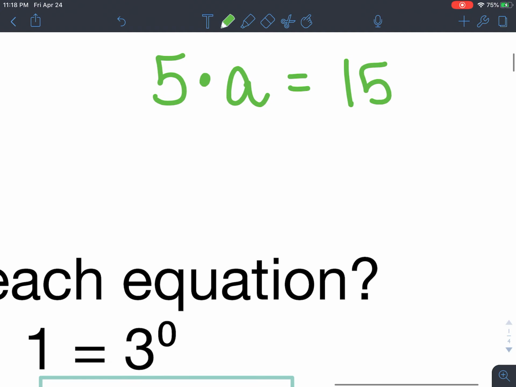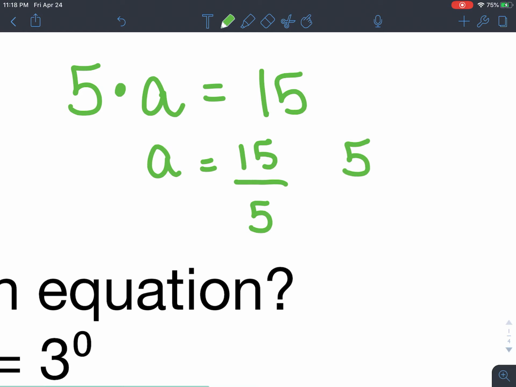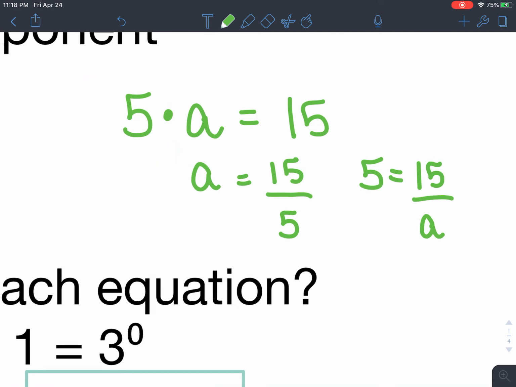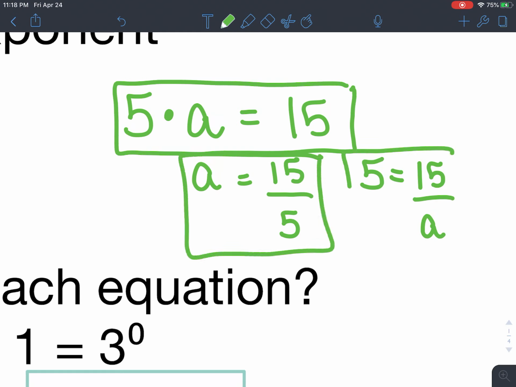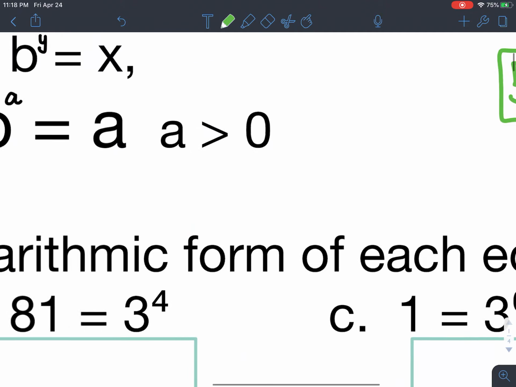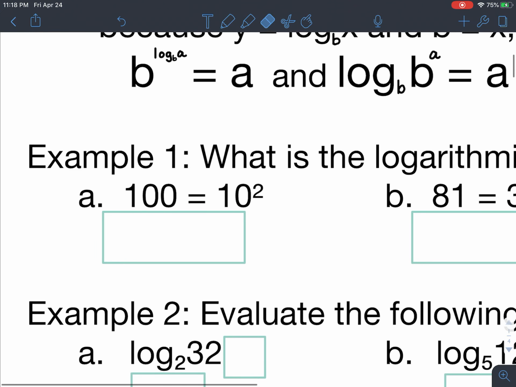That means that a equals 15 divided by 5. It also means that 5 equals 15 divided by a. So this is taking a multiplication equation and changing it into division equations. In this case, either one works. So we're going to use that same concept, but with exponents, and it's going to look a little weird, but this is how it goes.